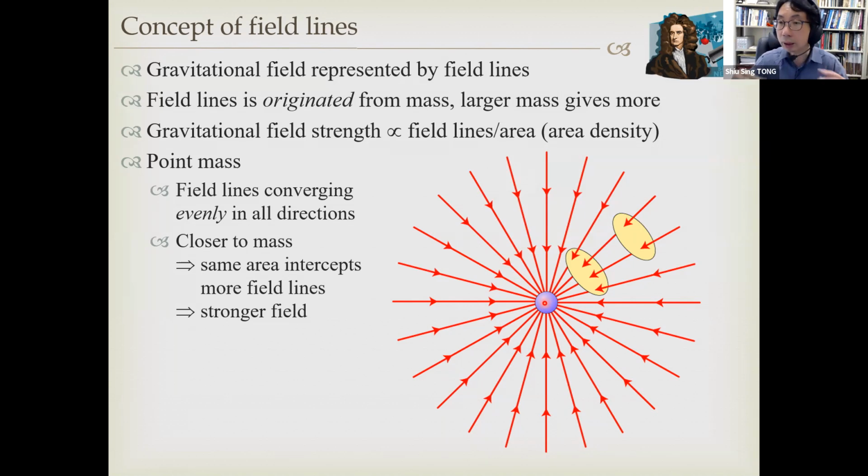So there's no distinction between this direction and that direction. So the field lines must be converging. And you draw an arrow towards the mass to denote that the field lines are converging to it. Because gravitational force is always attractive, the field lines are directed towards the mass. So this is how you represent the gravitational field of a point mass.